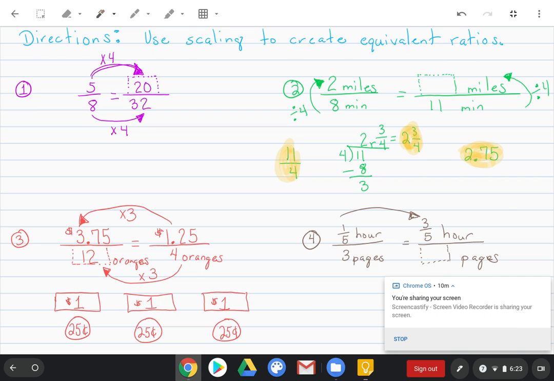Well, I want you to think about this. Let's say I have a cake, and on the first day, I eat one slice out of 5. 1, 2, 3, 4, 5. Let's say on the second day, same cake, I eat one more slice out of 5.